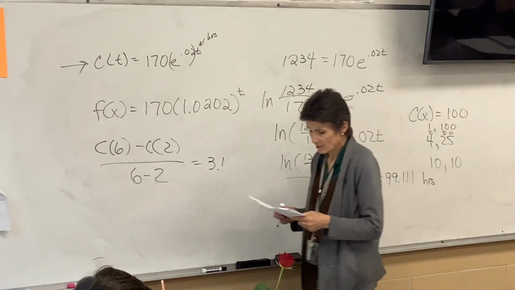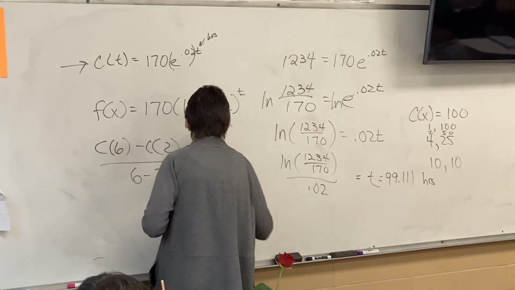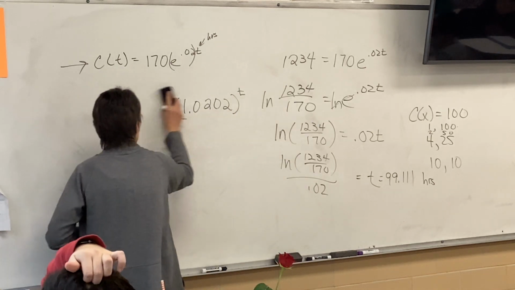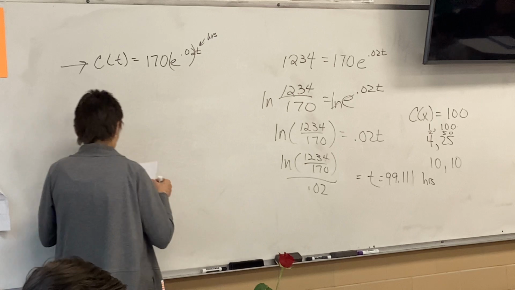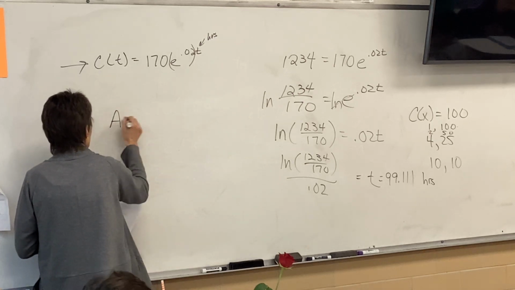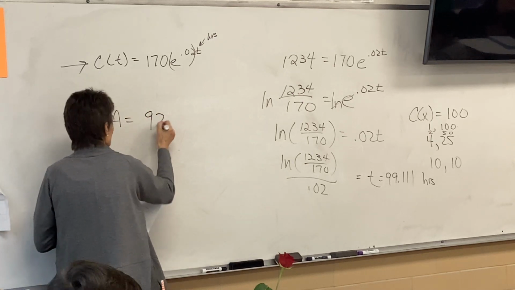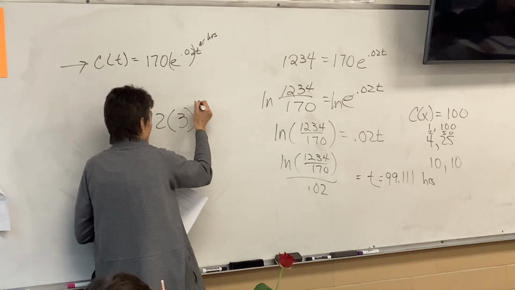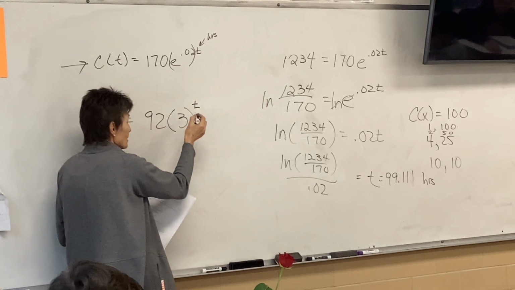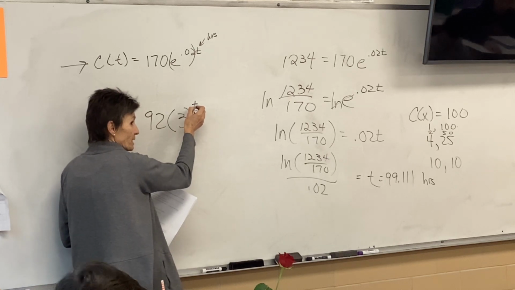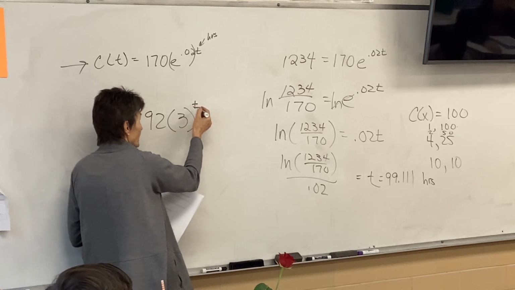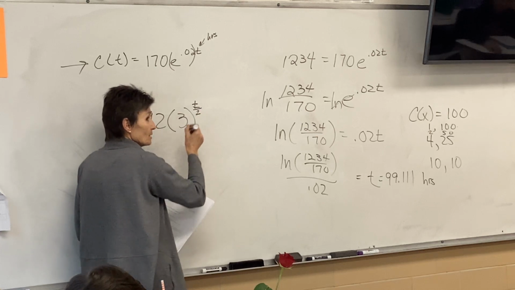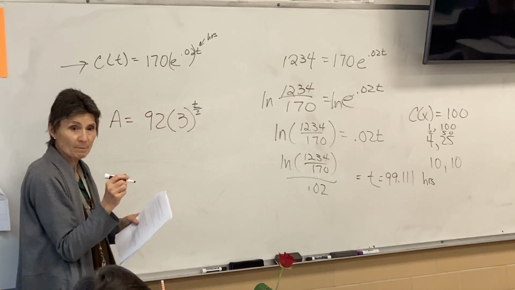How many fruit flies are there on day 5? Okay, so it triples. We start with 92, and we triple every 2 days. So this is a 2-day period. So what do I need to do? Divide it by 2 to get the per day period.